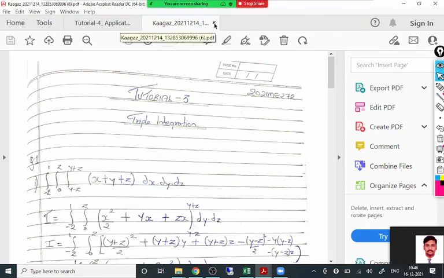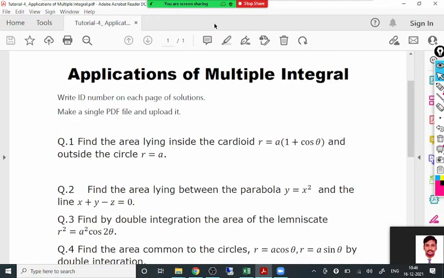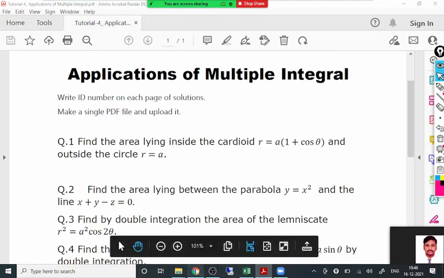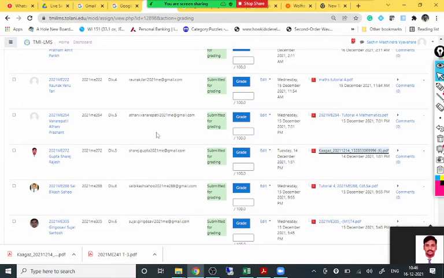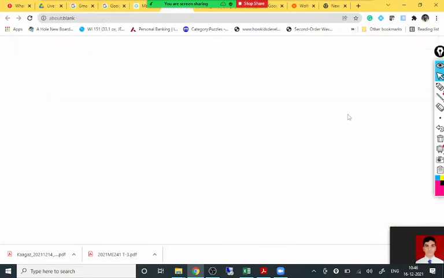This is the first and last warning, because I have not observed a single case in the current batch. Whenever I find any new cheating, such as submitting any other file or blank files, I will mark you absent for all the tutorials. What about 254? Yes, sir. Present, sir. Okay.